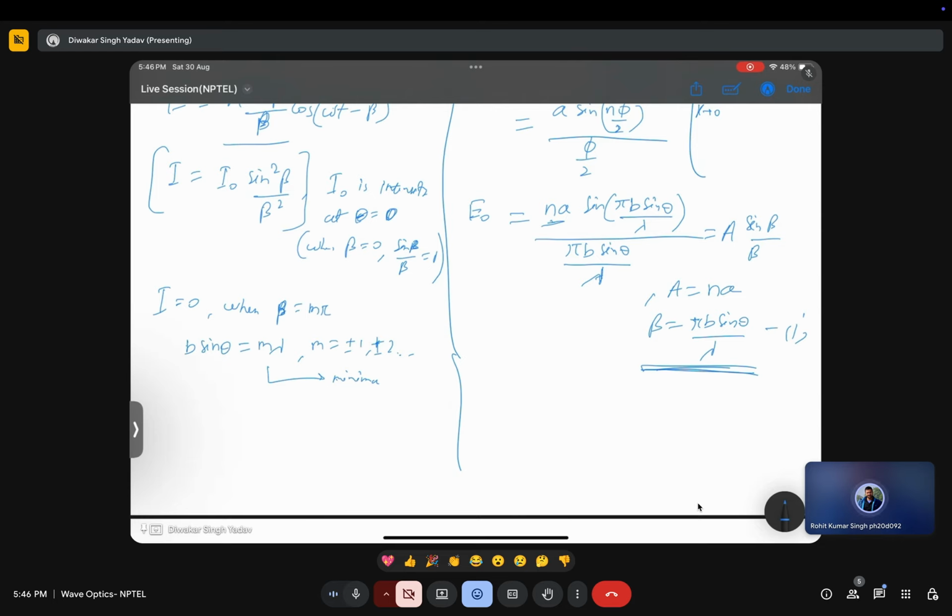Of course, the b here is not the distance between two slits, but the length of the single slit itself. So it's not the same thing, just to not get confused. From here, you can calculate the angle of these minima, which will be just sine inverse of m lambda by b.